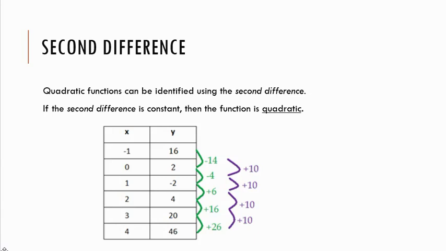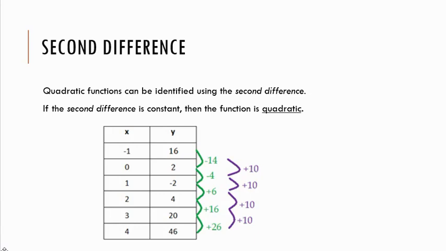If the first differences are constant, we know it's linear, or it has a degree of 1. However many times you have to do the test to find a constant change in the differences, that's the degree of that polynomial.